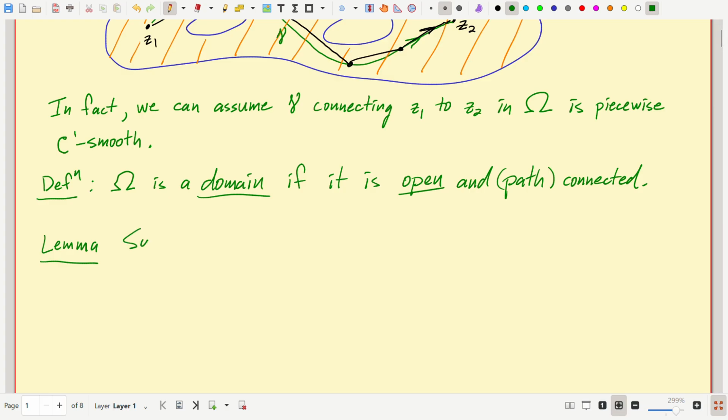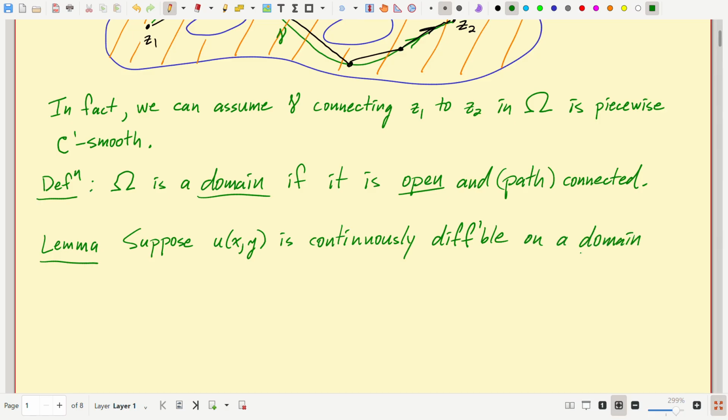Let's suppose u of xy is continuously differentiable on a domain omega, and it has a zero gradient. The gradient of u is identically zero on omega. Then, because the thing is connected, u has to be constant.